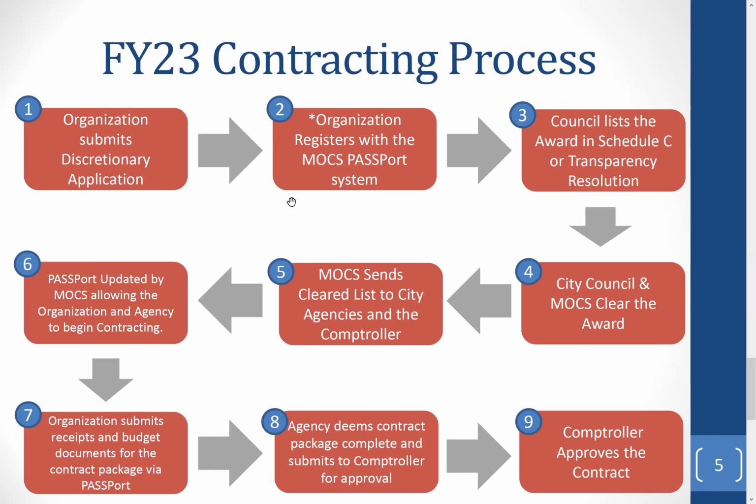Okay. But next, as Ilke mentioned, in order to even be eligible for city council funding, or at the point of receiving city council funding when it's designated, you have to be registered with Mox Passport, as well as have an HHS Accelerator account. Okay, that's important. I put this little asterisk here because the next step would be the council actually designating, awarding your organization funding.